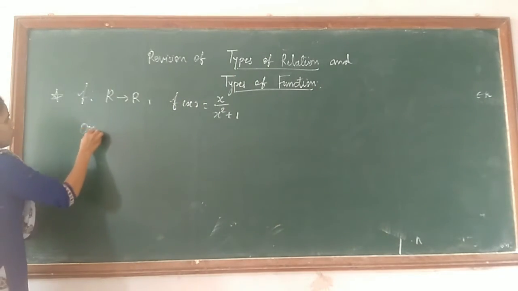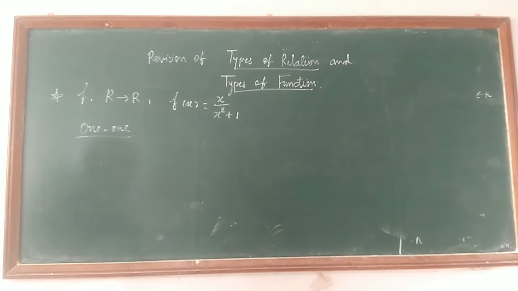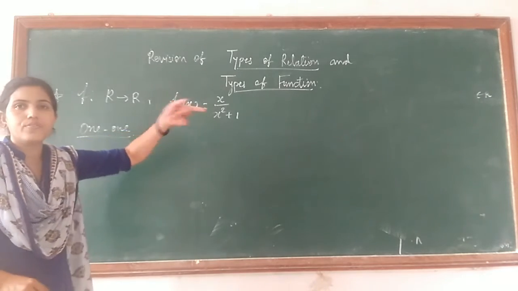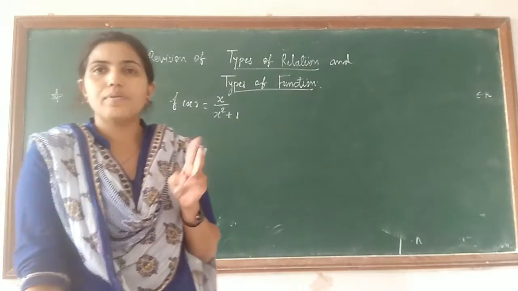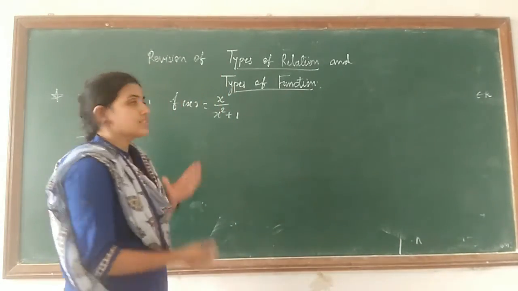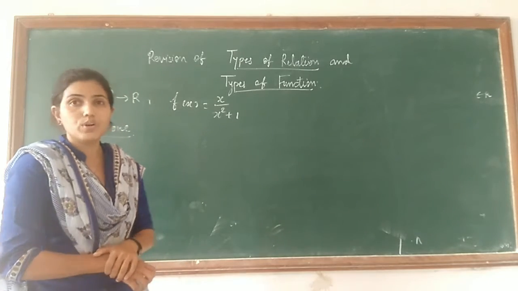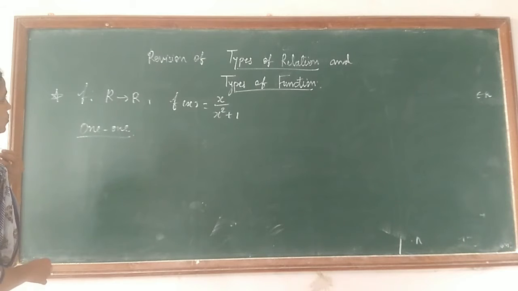For one-one, we require that for two different elements x1 and x2 which are not equal, if the image is the same, then we can say it is not one-one.